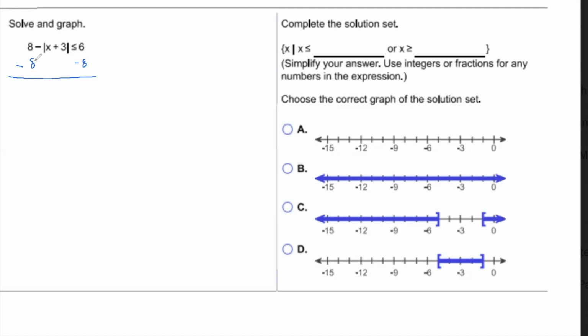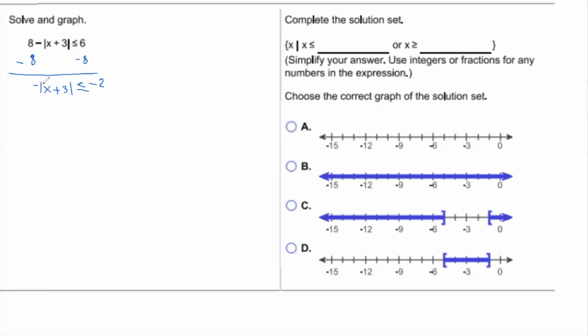So 8 minus 8 is 0, and we bring down the term here. What we have with the sign: minus absolute value of x plus 3 is less than or equal to negative 2.